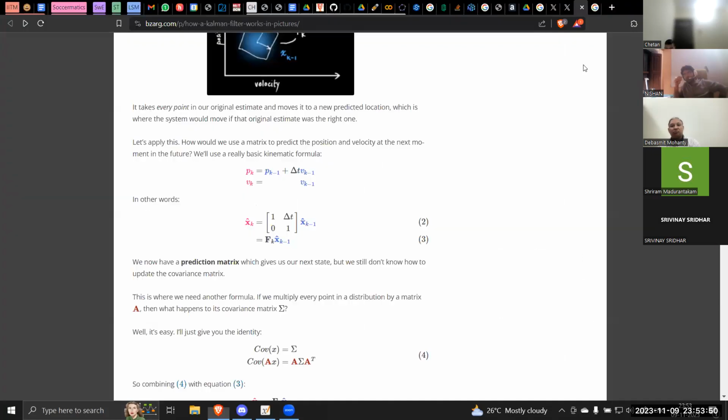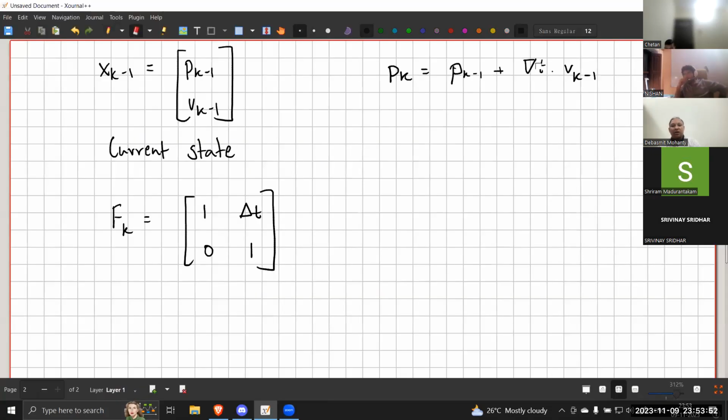Delta is inverted here, my bad. That is gradient. And the velocity remains the same. Vk is equal to Vk minus 1.